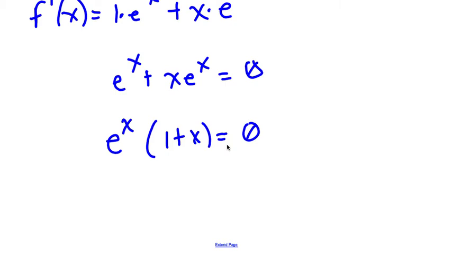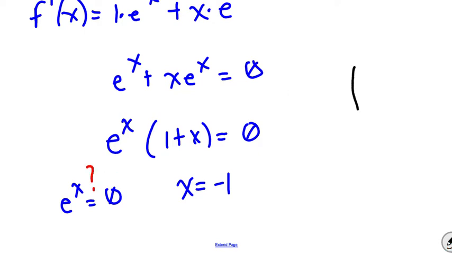From this right here, 1 plus x equals 0, that tells me I have a 0 at negative 1. But how about e to the x? What I want to know is, will this ever be equal to 0? Maybe to answer that, we should look at what the graph looks like.